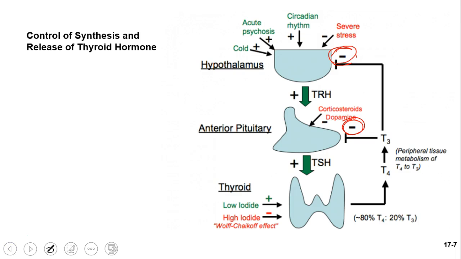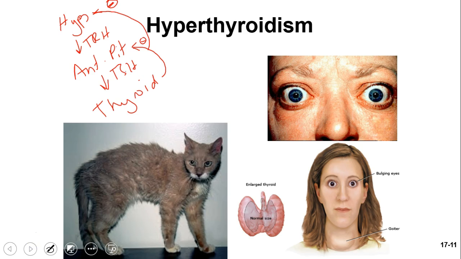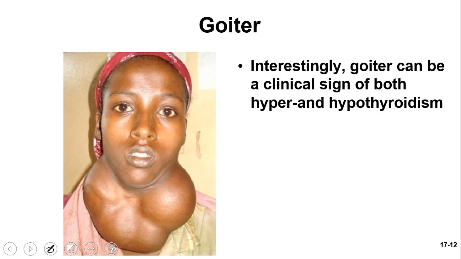You'll notice down here that low iodide stimulates the thyroid gland, right? So this is a case of dietary insufficiency of iodine, okay, and it presents as a goiter as well.